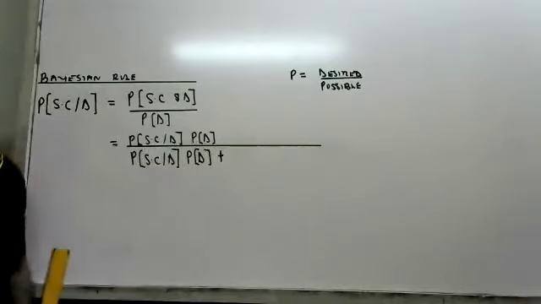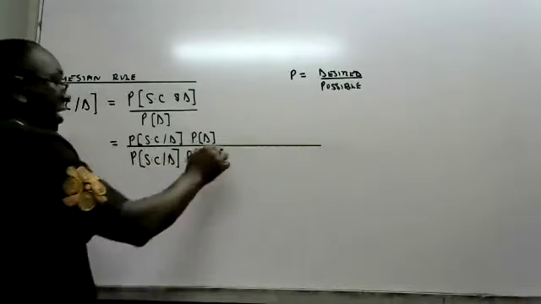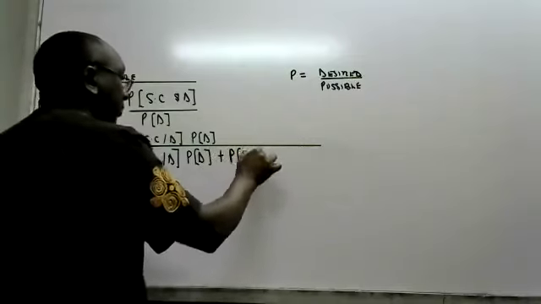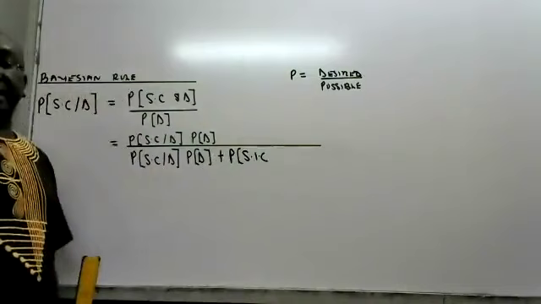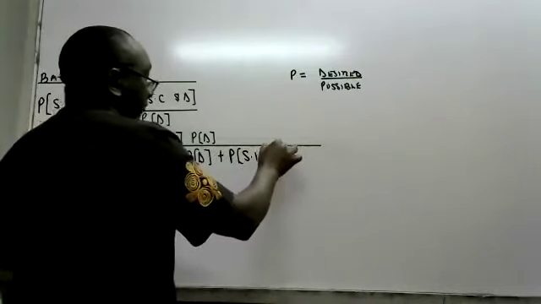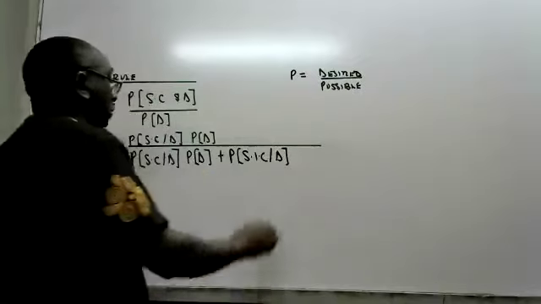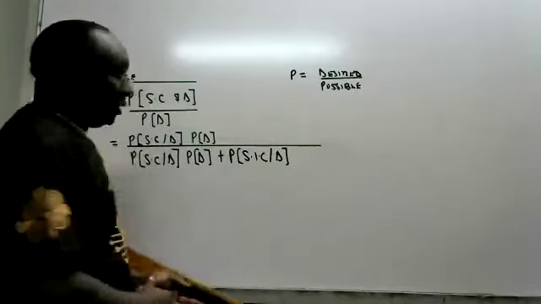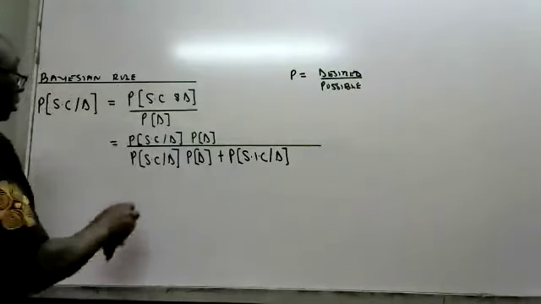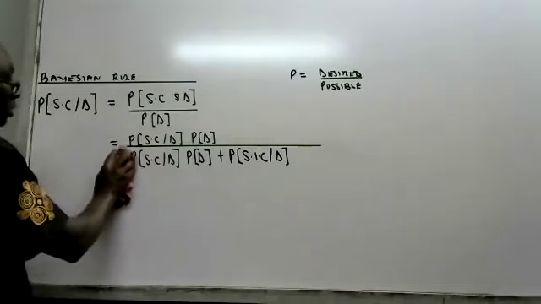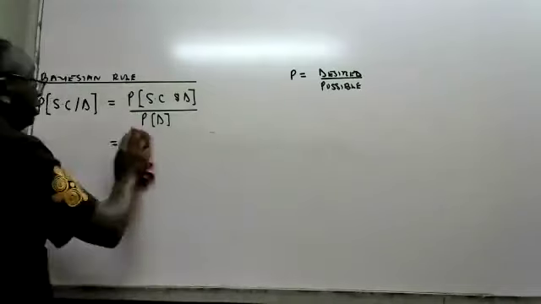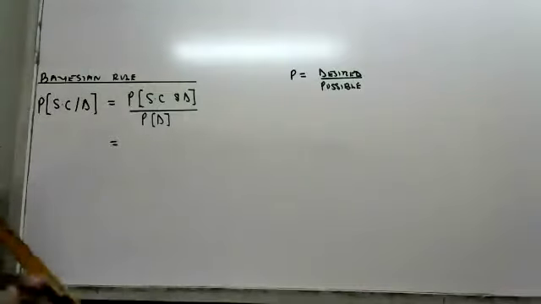Or the other way we can get a defective is when the machine is set incorrectly. So we can use SI, set incorrectly, given defective, multiplied by, sorry, that one has an issue.